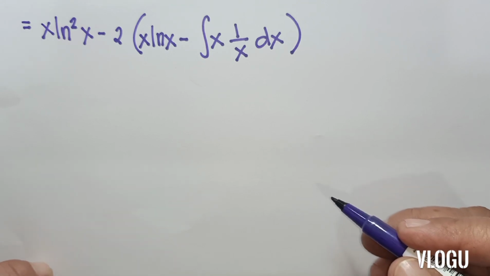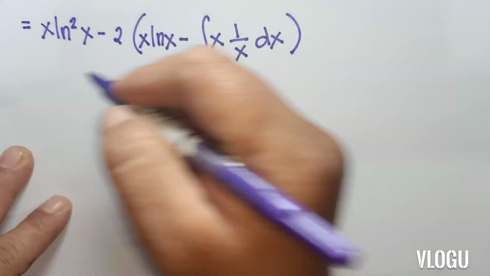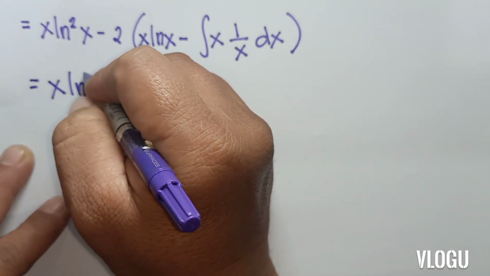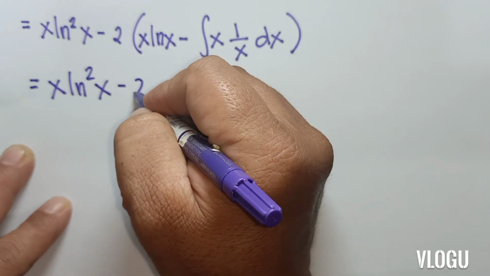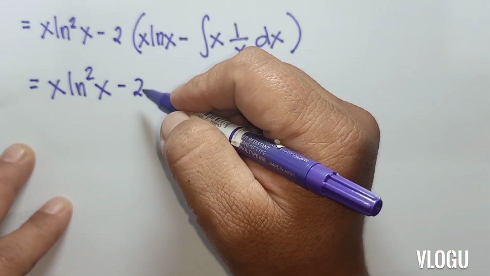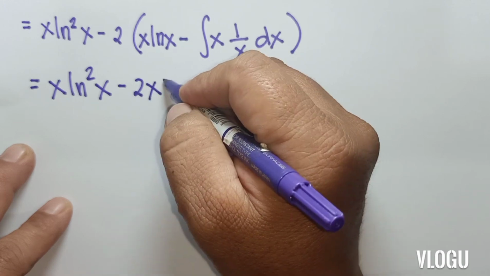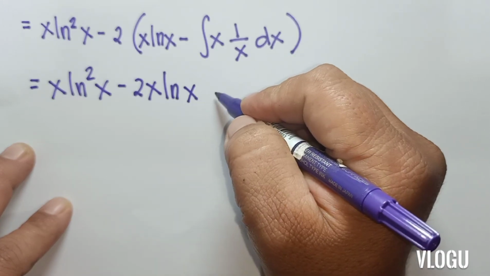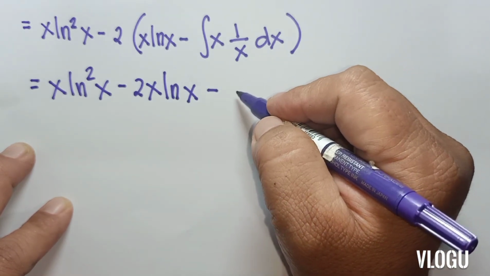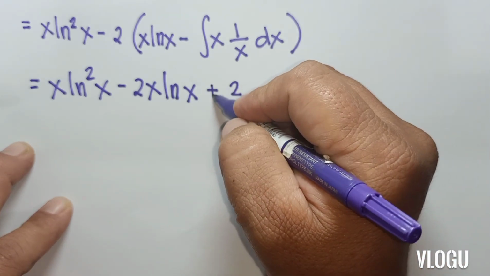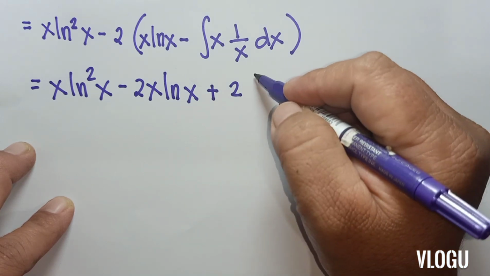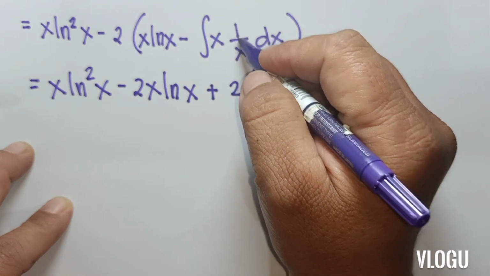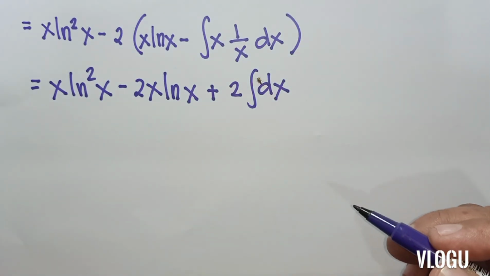So therefore, we have x ln squared x minus 2 times x ln x, minus, oh, this is plus 2 times the integral of dx, because x times 1 over x is cancelled out.